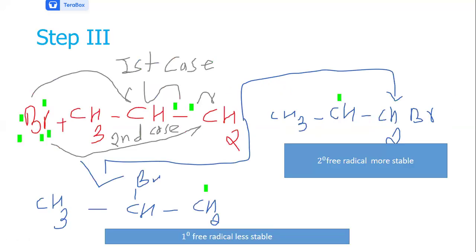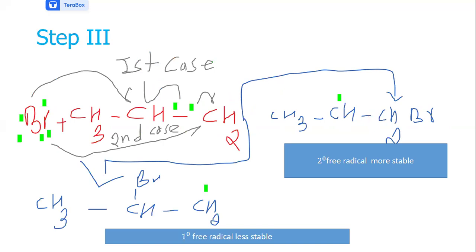Step 3, in the first case, the bromine free radical attacks the carbon which has the lower number of hydrogens and produces a 2-degree free radical, more stable.